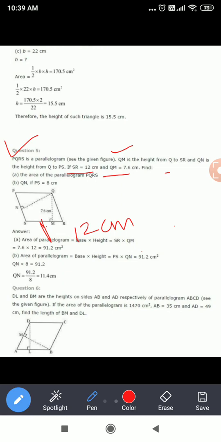QM is 7.6 centimeter. We have to find the area of the parallelogram. So, we have base and height. Clear? Base is 12, height is 7.6.